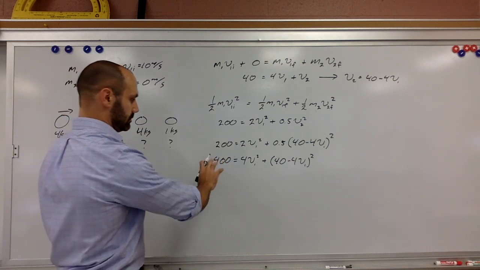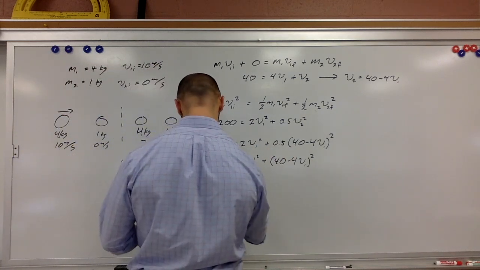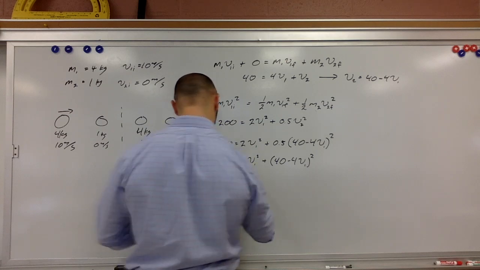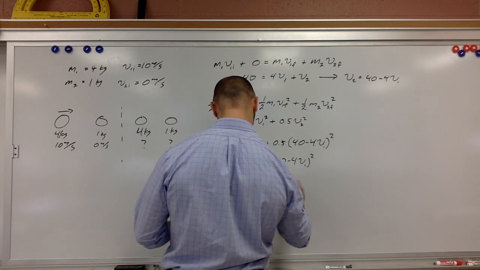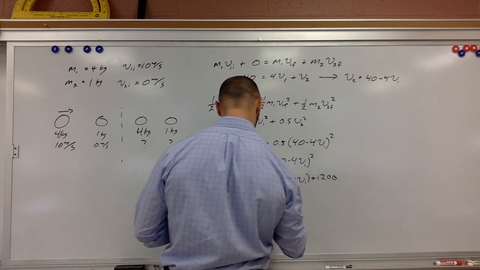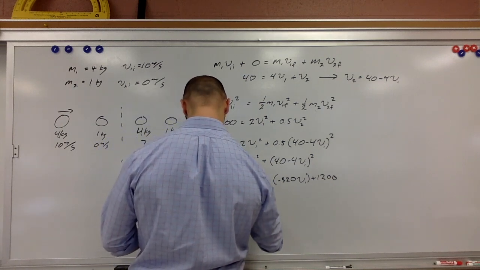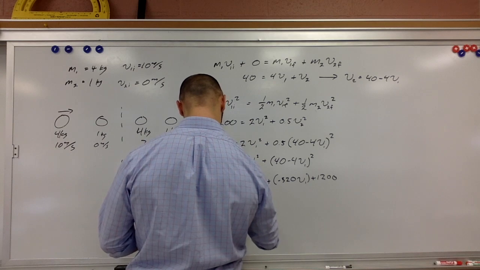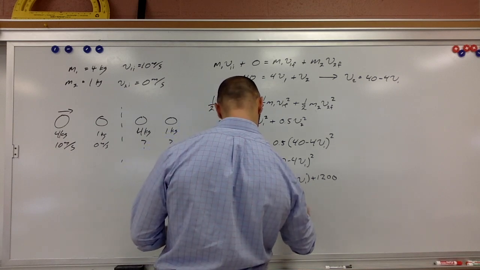And when you solve this, turn it into a quadratic and set it equal to 0, you get 0 equals 20V1 squared minus 320 V1 plus 1200. You can factor out 20, believe it or not, and so you get 20 times (V1 squared minus 16V1 plus 60).